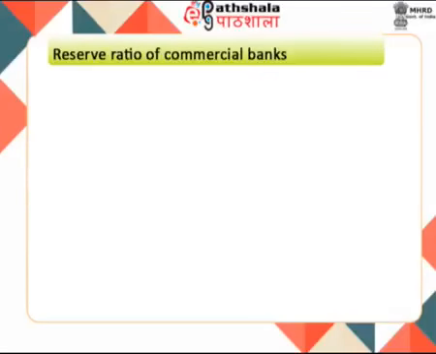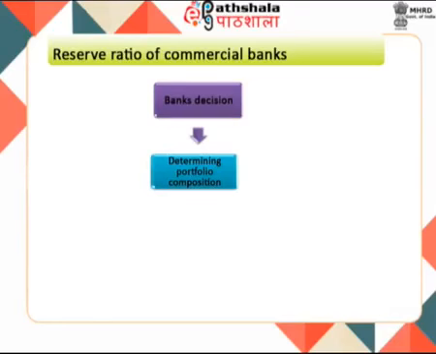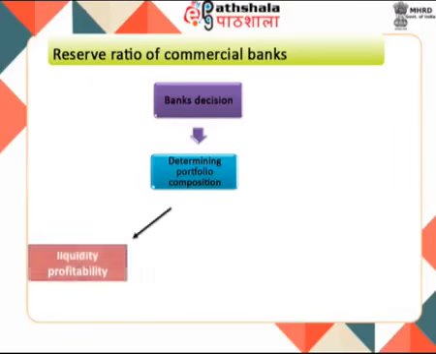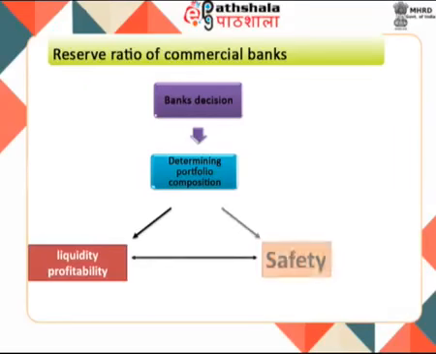The reserve ratio of commercial banks is the one factor which is not directly affected by the behavioral choices of the public. It is an important decision that banks make in determining their portfolio composition in an effort to strike a balance between the considerations of liquidity, profitability, and safety.